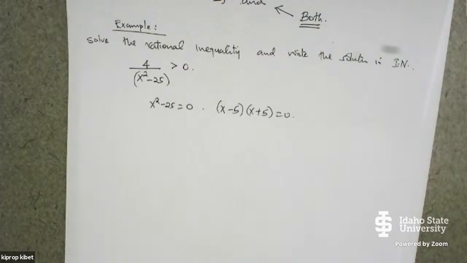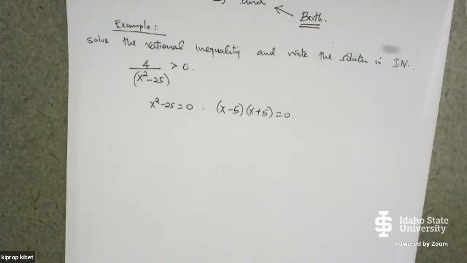So what I say is, if you want to solve this, then we equate this one to be equals to 0. X squared minus 25 to be equals to 0. Once we set this to 0, if we want to put them in the graph, then this will give us the intervals of the graph.